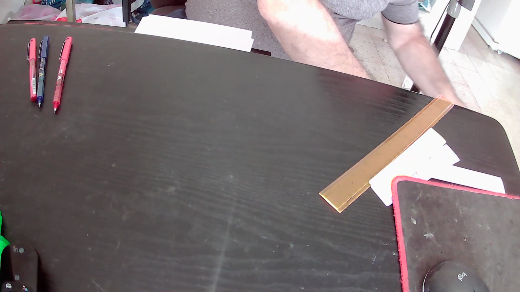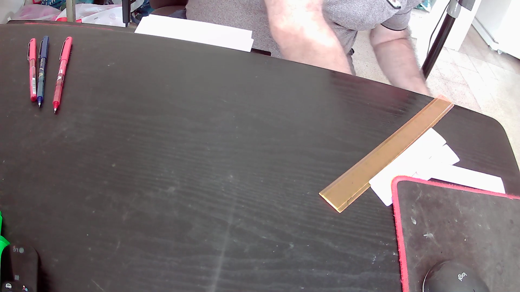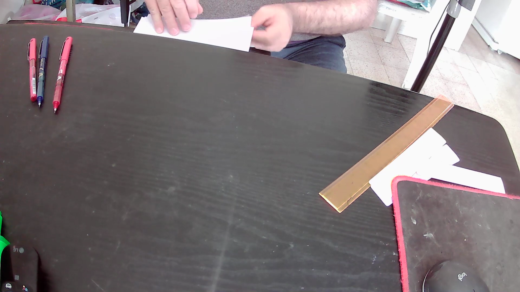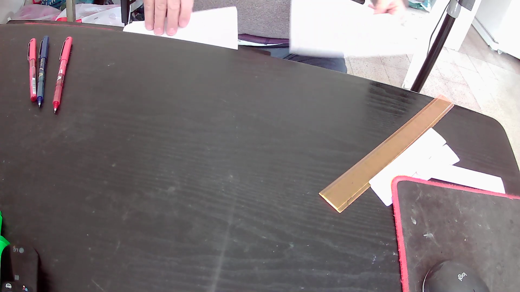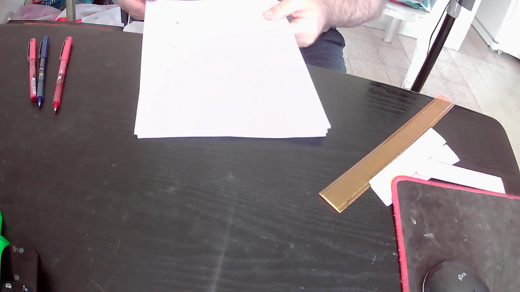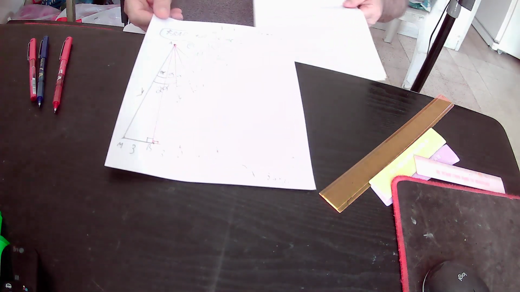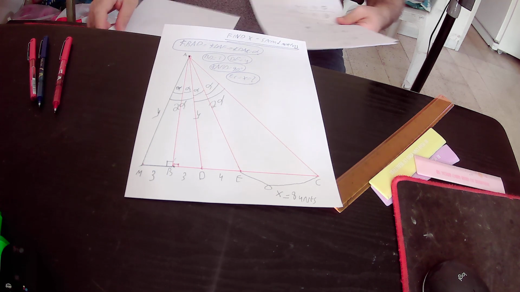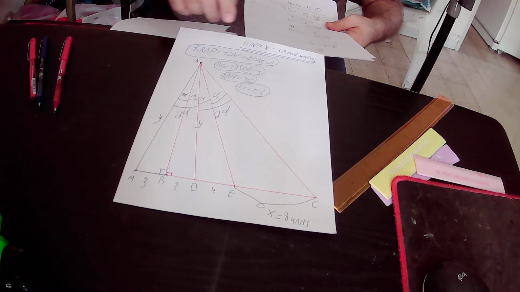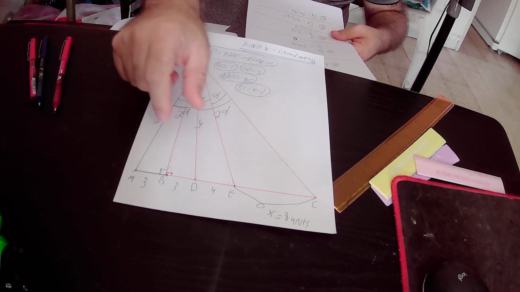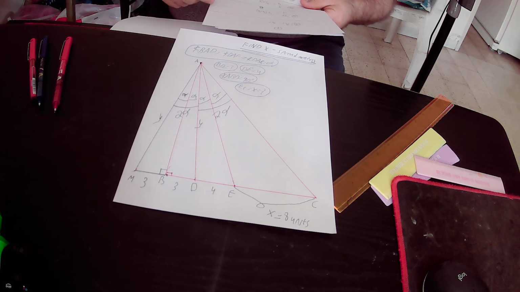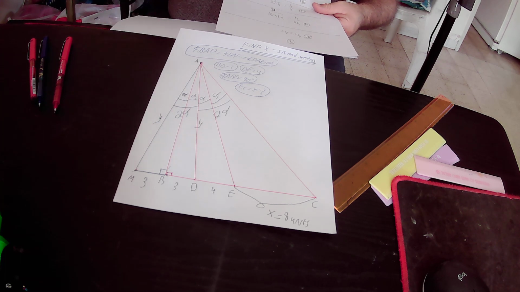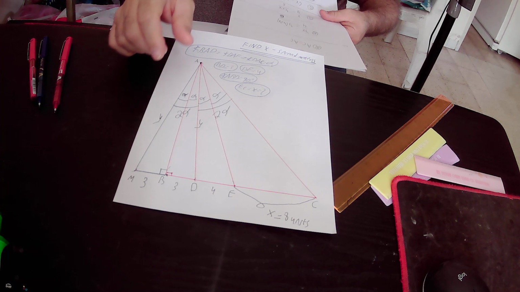And in the second method, we found x. In the second method, we extended side BD by 3 units, and we defined this point as point M because we extended BD by 3 units.